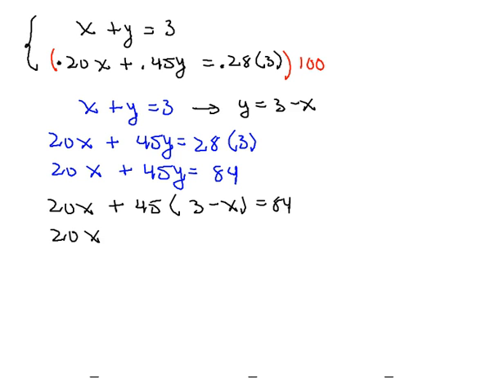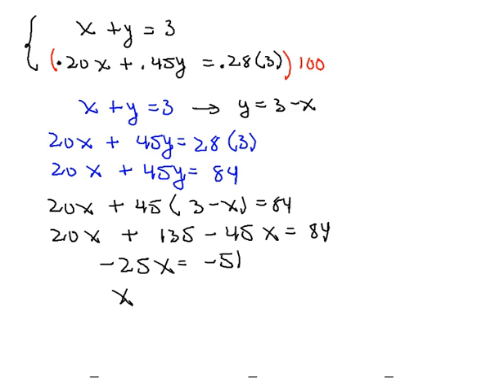And then 20x plus 135 minus 45x is equal to 84. And if we combine the x terms together, that will produce negative 25x. And if we subtract 135 from each side, we'll then have negative 51 on the other side.